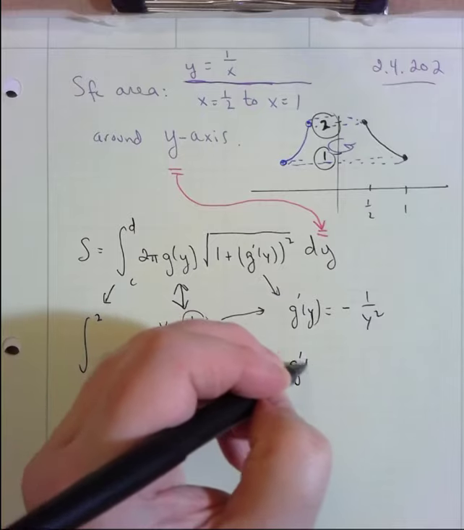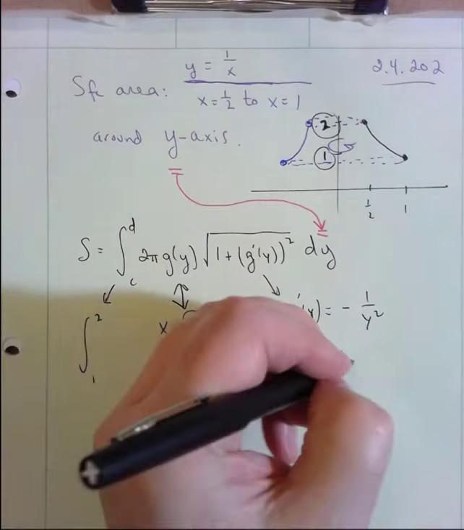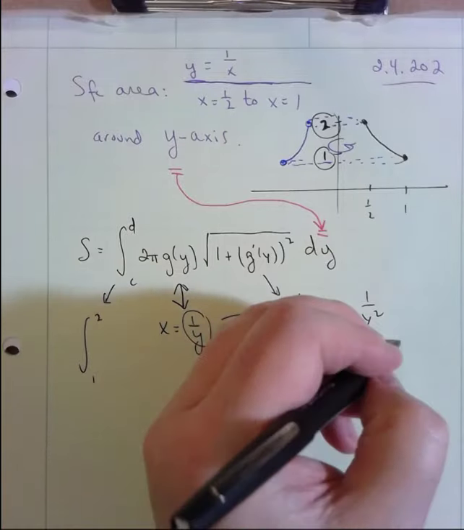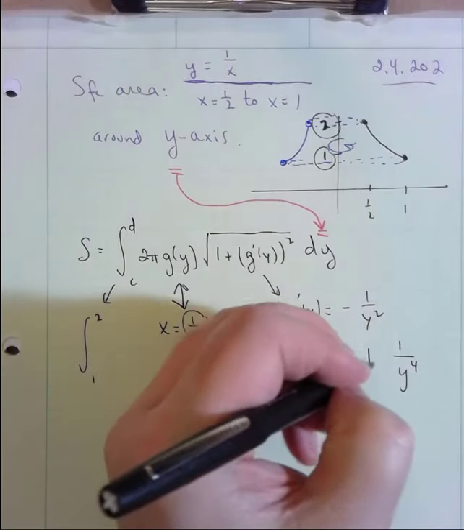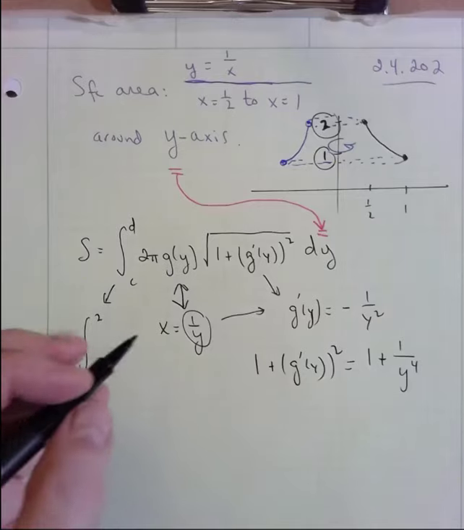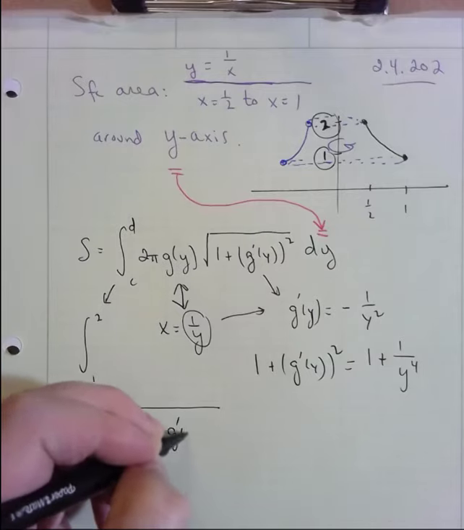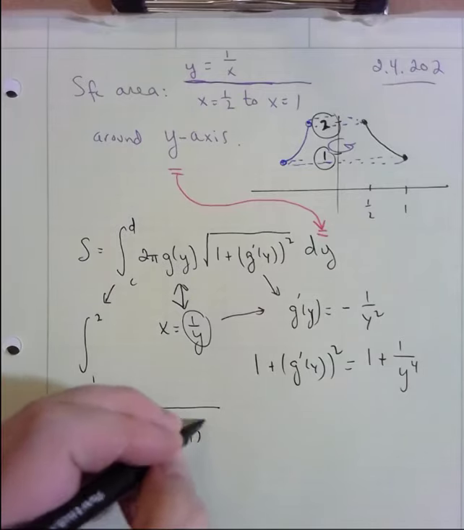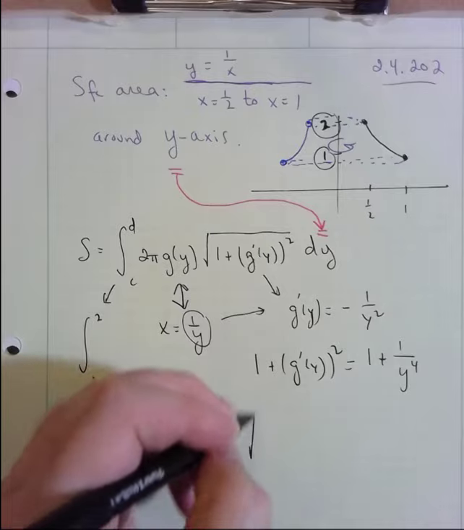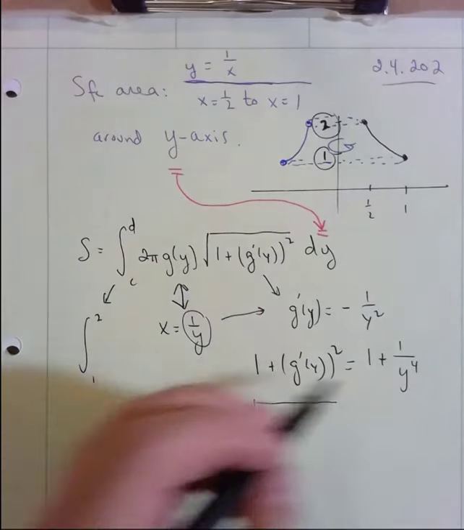1 plus g prime of y squared is going to be 1 plus 1 over y to the 4th. And then the square root of 1 plus g prime squared is going to be the square root of this.